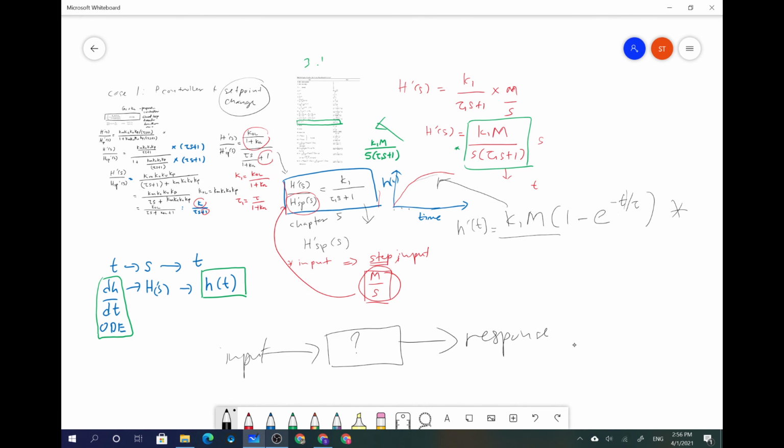Last time in chapter 5, you just learned whether it is first order or second order. Here in chapter 11, you have to simplify until you get first order or second order, and you have to solve so that you get the response. That is the function of why we change from t domain to s domain.